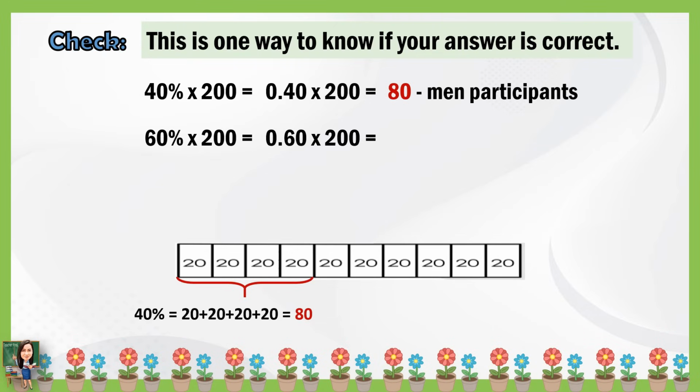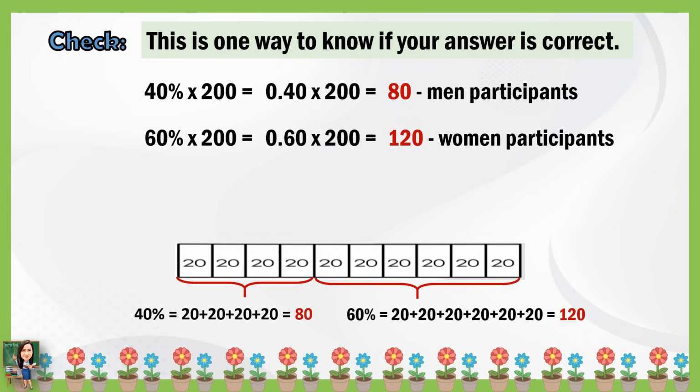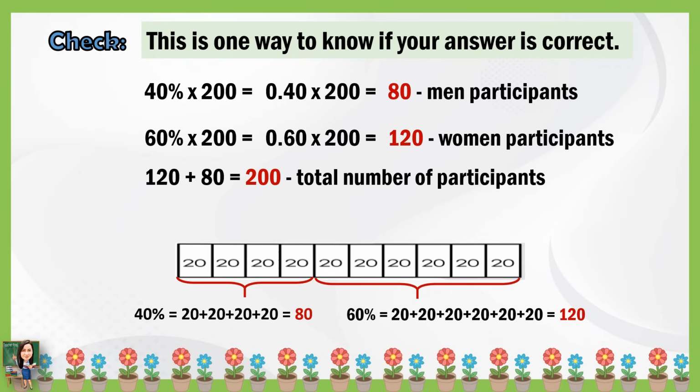Times 200 equals 120. There were 120 women participants. Add 20 plus 20 plus 20 plus 20 plus 20 plus 20 equals 120, which is 60%. And then, add 120 women participants plus 80 men participants equals 200 participants. 200 is the total number of participants.